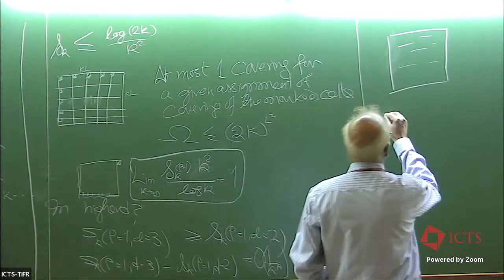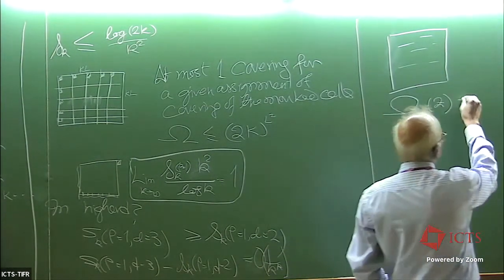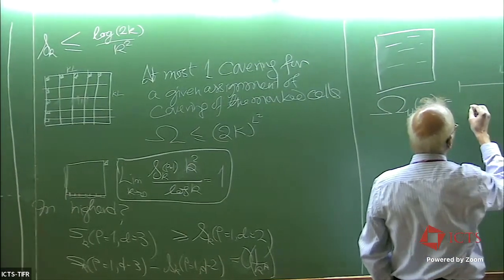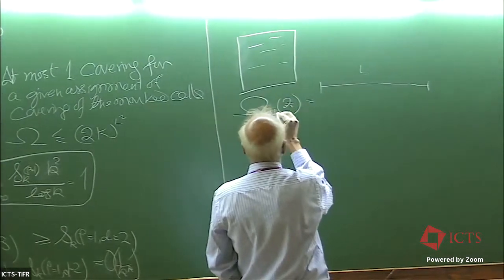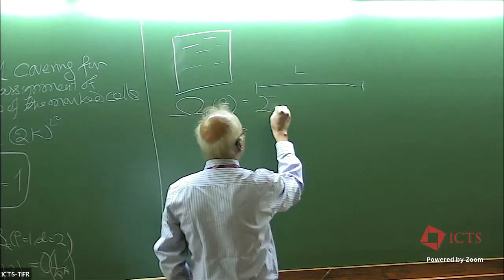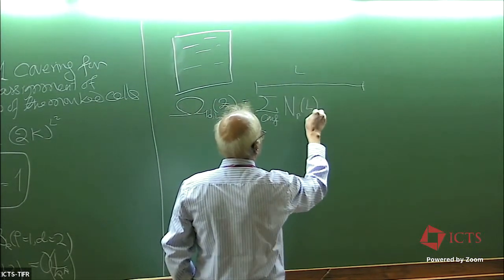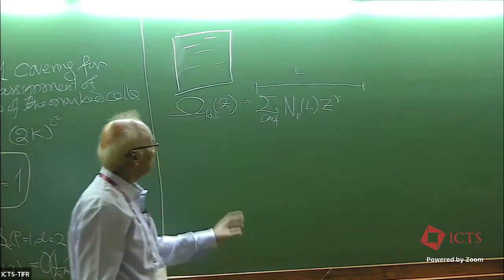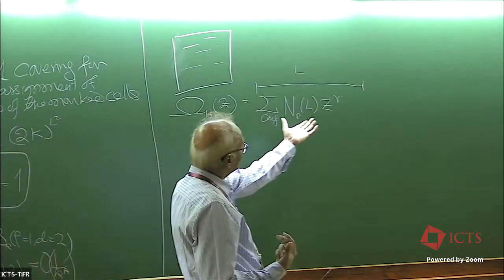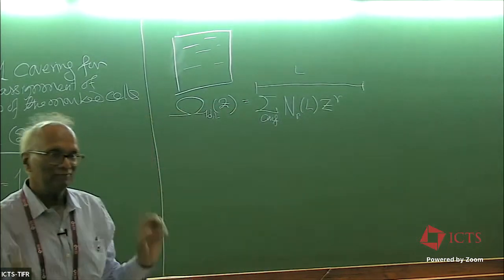I take omega 1D of z, you take a rod of long system of size L, and the partition function is equal to the sum over all configurations, N(R, L) z to the power R. That's the definition of the partition function. And N(R, L) is the number of ways you can put R rods on this, and sum over everything.